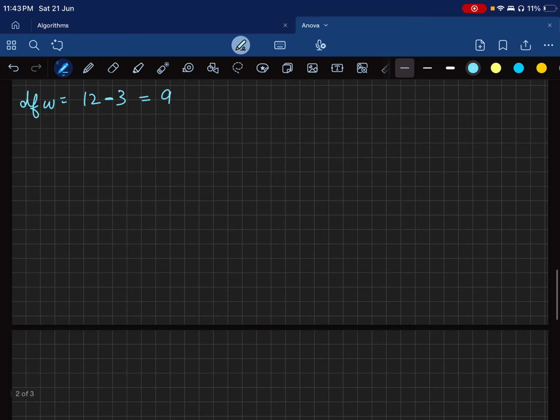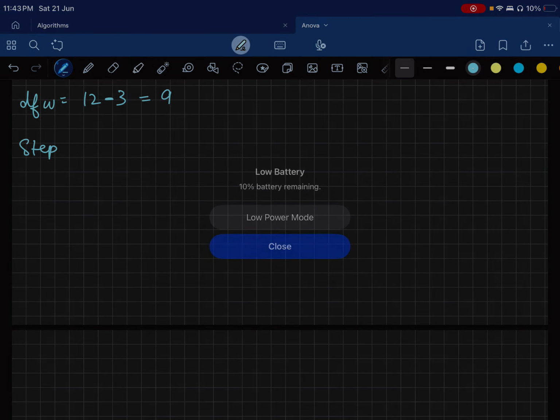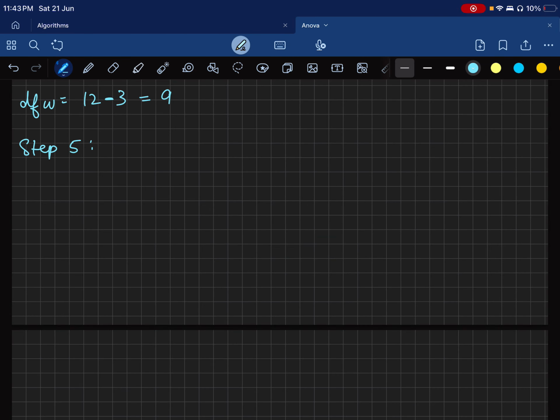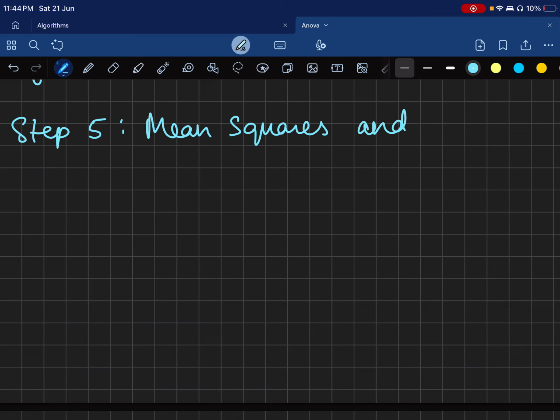Okay. Now after this, the steps become fairly simple. So the last steps are step 5. Step 5 is basically computing the mean squares and F ratio. Don't worry, seeing the name mean squares, you might think you have to do something like SSB or SSW again, but no. Mean square is easy to calculate.